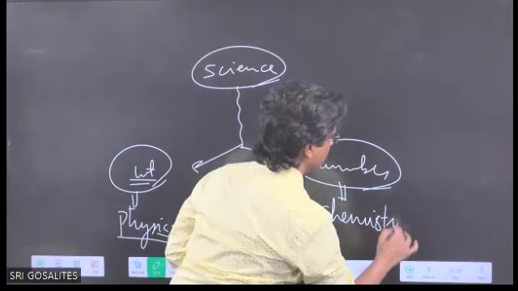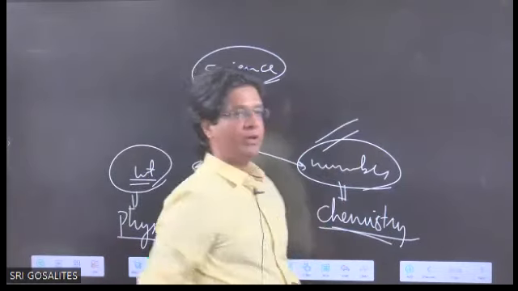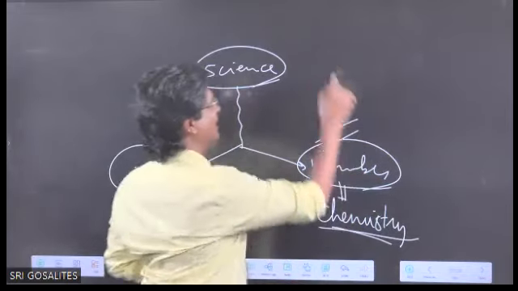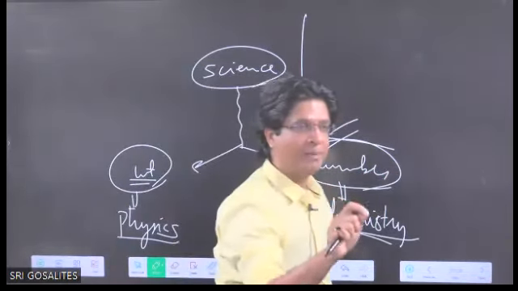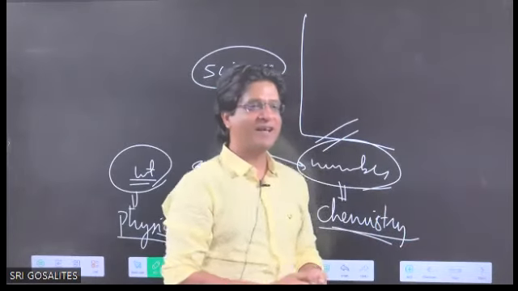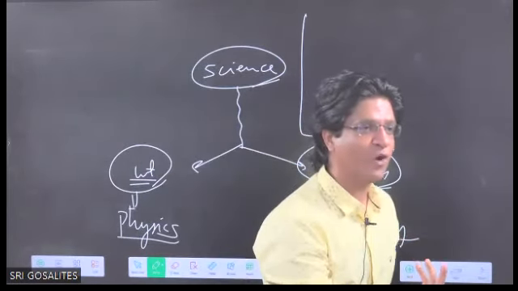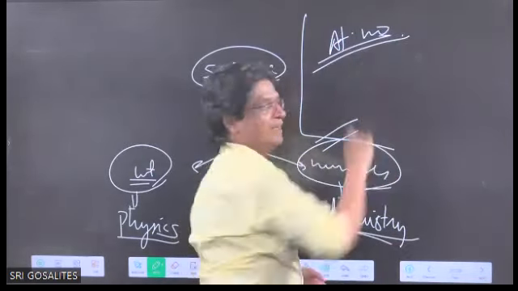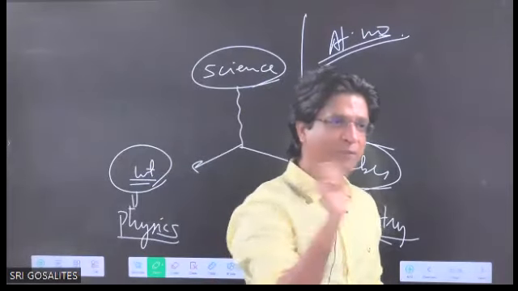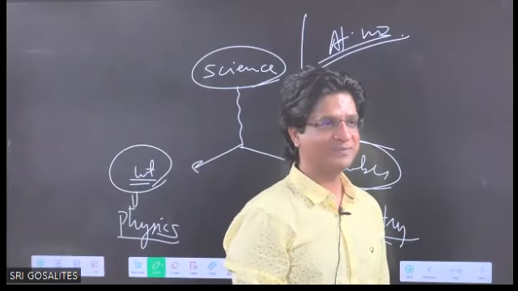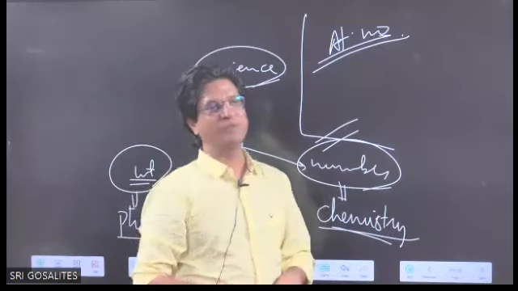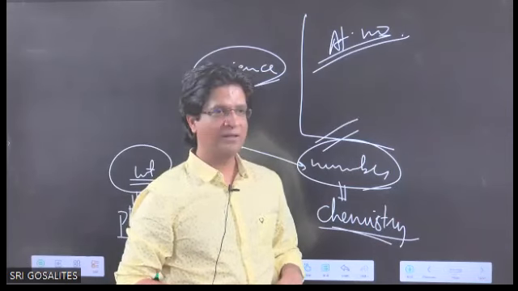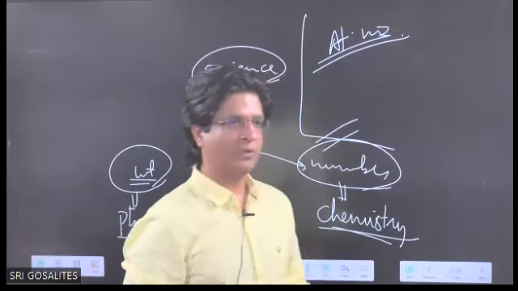So in chemistry, boys and girls, number is more important. And the entire periodic table is based on what? Number only. Atomic number. The number of protons decides that. Is that clear to all of you?